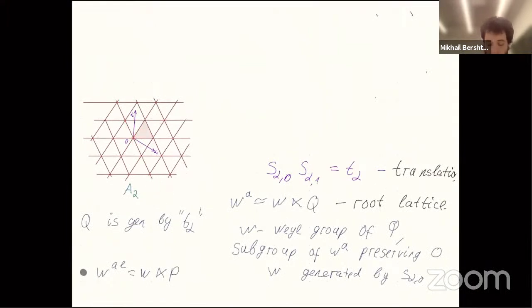Then we move these lines by shifting them by integers. It is some sort of kaleidoscope, if you want, and the final group is generated by reflection with respect to these lines. This is the best way, I think, to visualize an affine Weyl group.